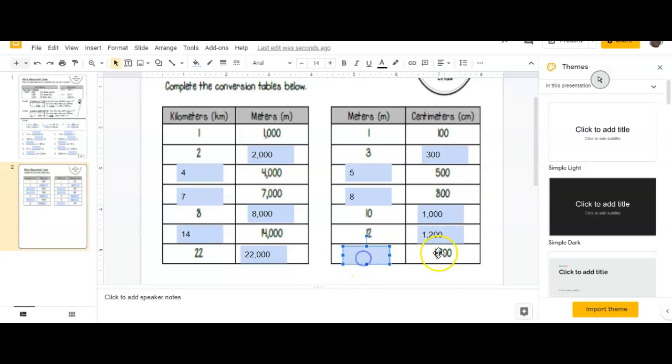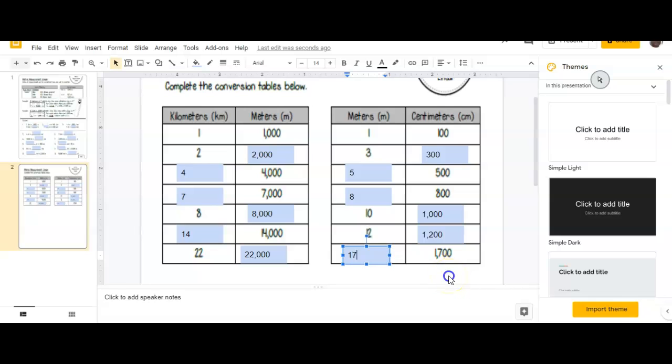Last I have 1,700. So I'm going to look at how many hundreds are in this number. I have 17 hundreds because 1,000 is actually 10 hundreds and then 7 more hundreds. So I have 17. 17 times 100 would give me 1,700 with those 2 zeros on the end.